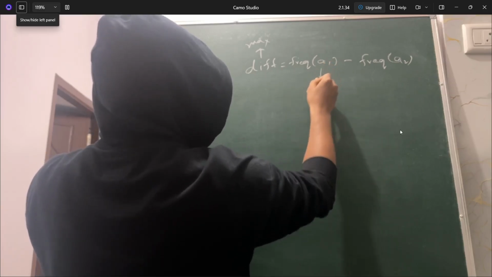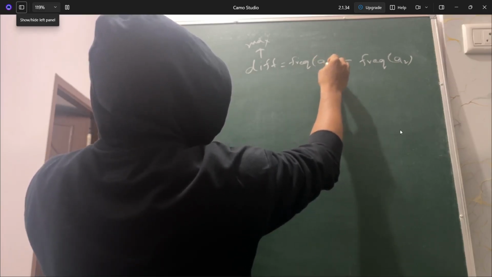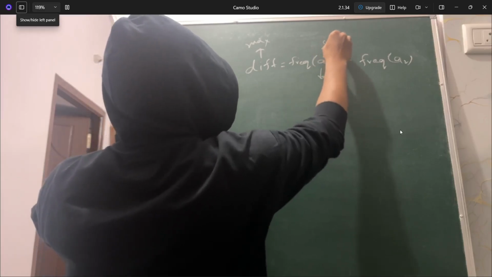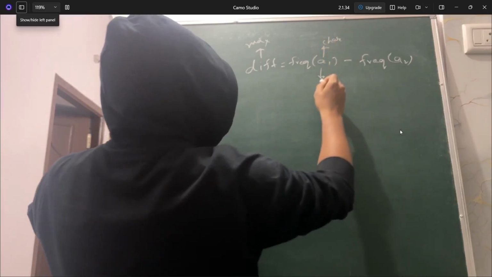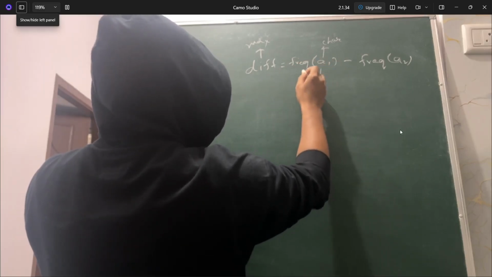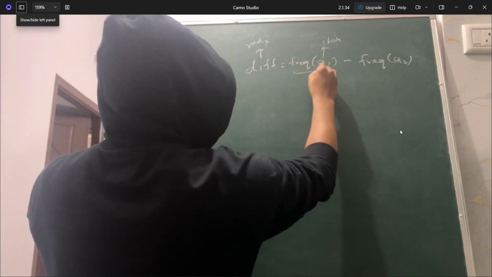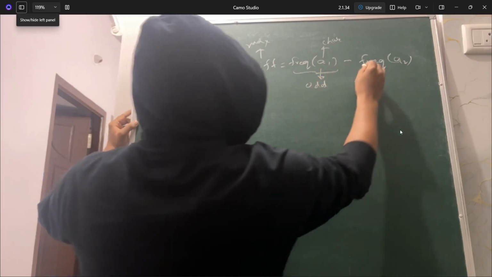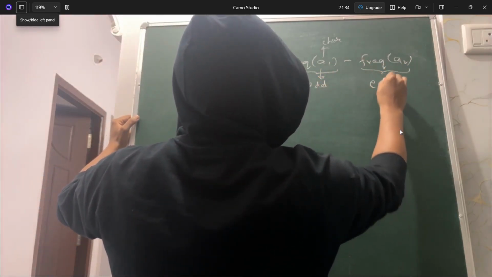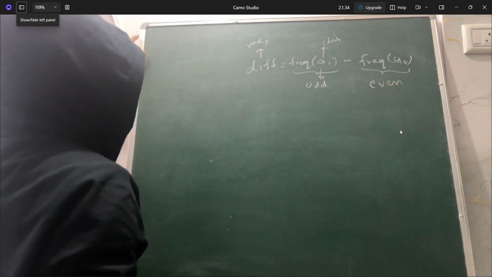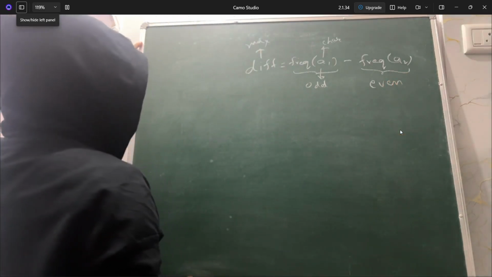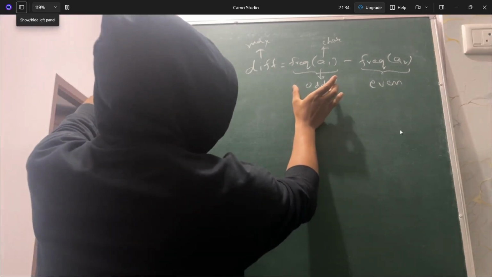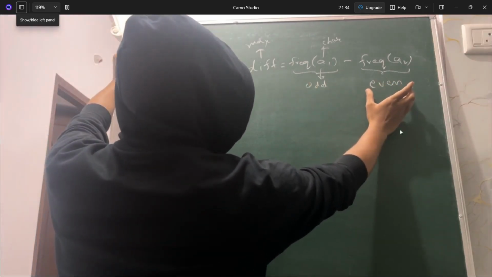A1 is a character in the string, but its frequency has to be odd, and in this place, the frequency of A2 has to be even. So you need to find differences where the frequency here has to be odd and the frequency here has to be even.